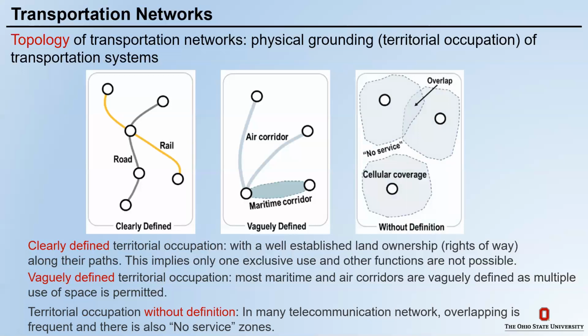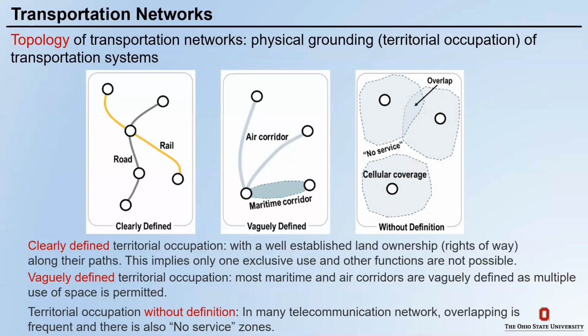Okay, but the third type here is without definition, right? For example, we can consider telecommunication networks as transportation networks. Transportation of what? Electromagnetic signals, right?